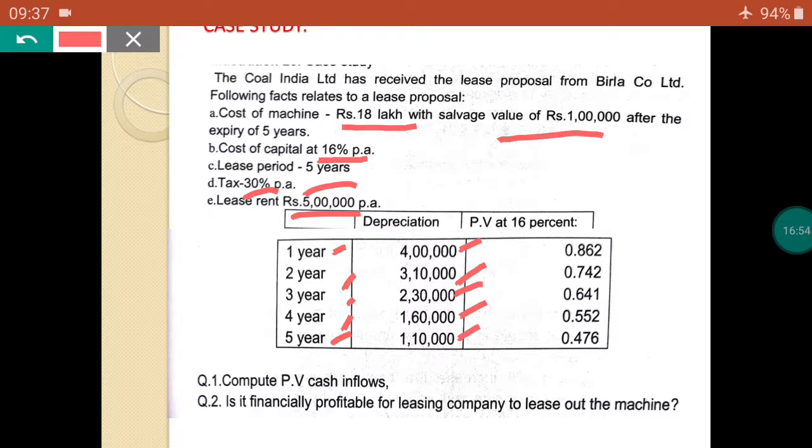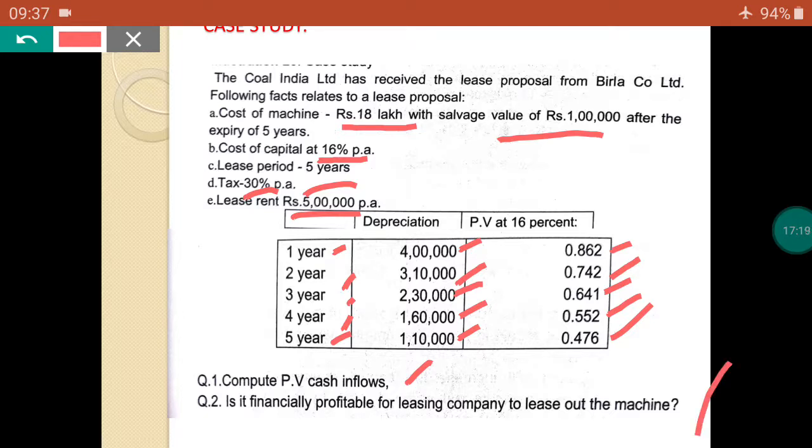And PV at 16% is 0.862, 0.742, 0.641, 0.552, 0.476. What they are asking? Compute PV cash inflows. They are not asking NPV, they are asking to compute present value of cash inflow. After that, is it financially profitable for the leasing company to lease out the machine?